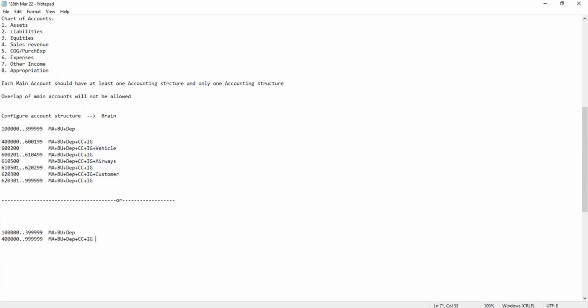For this structure, I can add advanced rules: advanced rule 1, advanced rule 2, advanced rule 3.